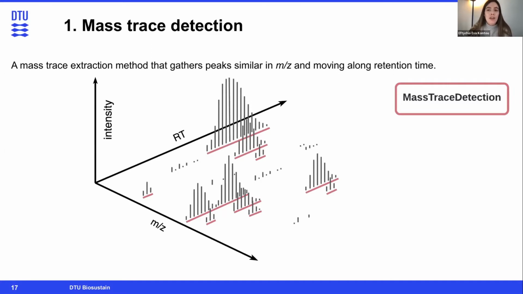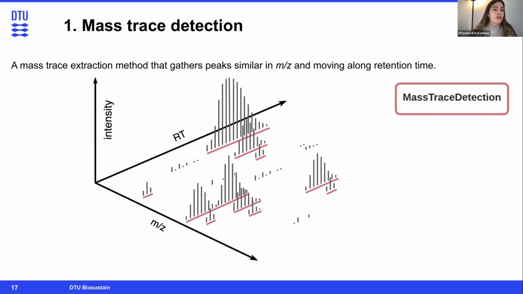And as the algorithm is named, it detects mass traces. It gathers peaks similar in mass-to-charge and moves along retention time, like shown in the figure below. In this step, a very, very important parameter is the noise threshold. You can define a noise threshold according to your instrument and your data. In our case, we have the noise threshold at 10 to the 4 because that's how our Orbitrap instrument behaves.